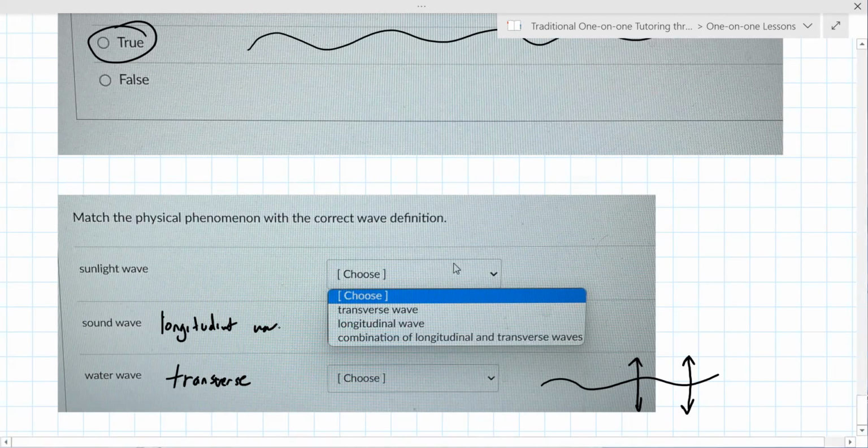The reason it's longitudinal is easier to explain if you're standing in a room. You're here and someone else is there, you speak, right? But it's carried in the direction of the wave. Notice, in the case of water, the water's moving up and down, but the wave is moving right. Here it's moving in the direction of the wave. Not sure that's clear, but yeah.